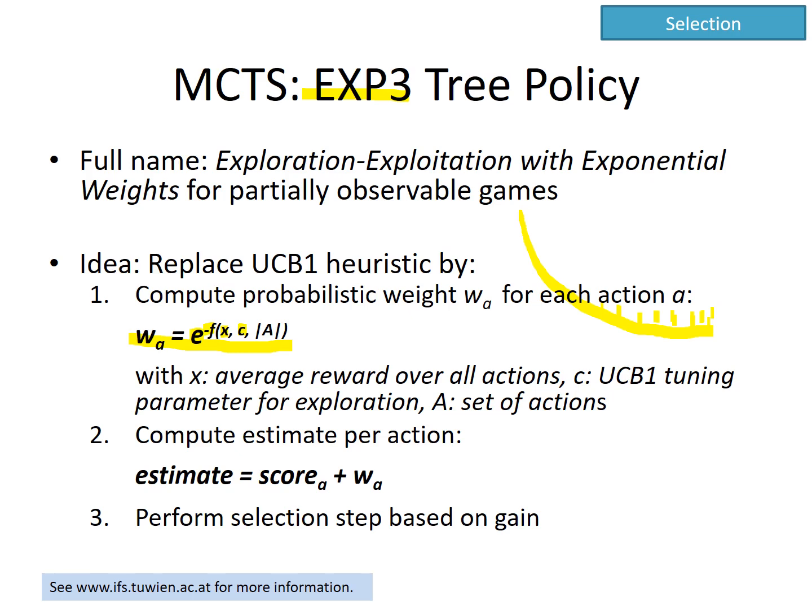So implementing EXP3 just means changing one term in the next move function. Very, very simple, but has proven very effective because the formula is similar, but still not the same as UCB1.